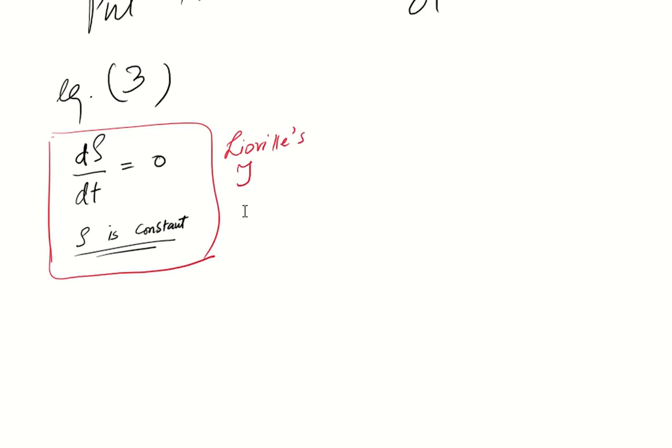What does it say? It says that if a point moves along a set of points in density in phase space, the density of those points does not change with time. So I told you that if a body moves in coordinate space, its corresponding point in phase space also moves.